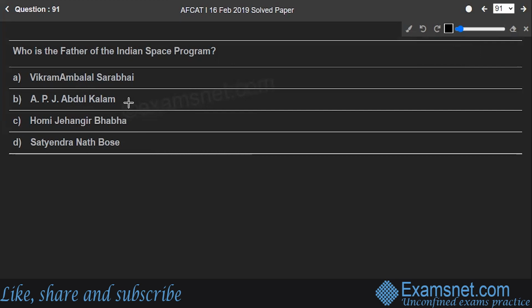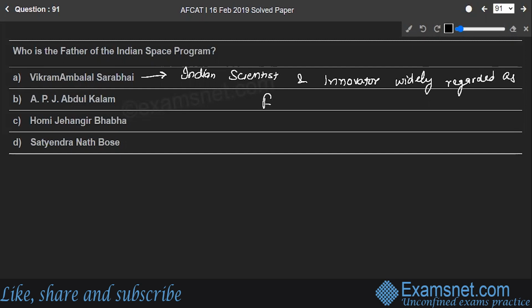Vikram Ambalal Sarabhai was an Indian scientist and innovator, widely regarded as father of Indian space program.